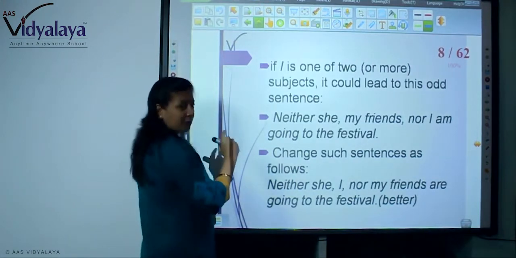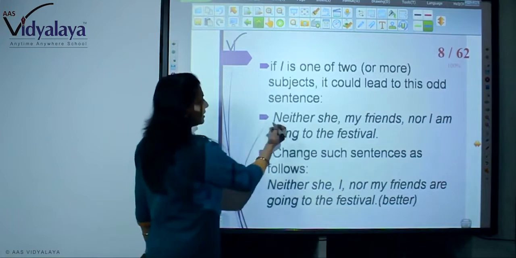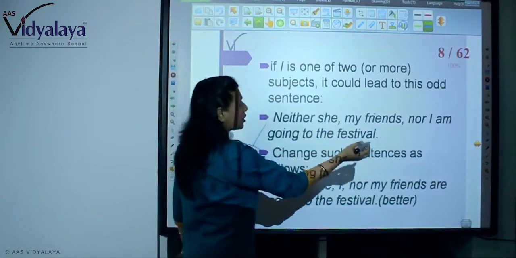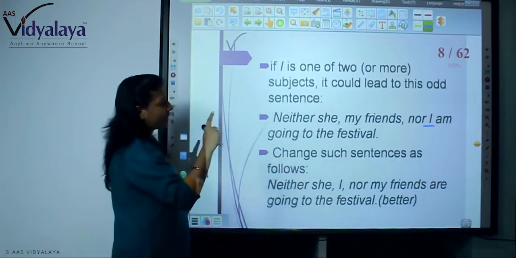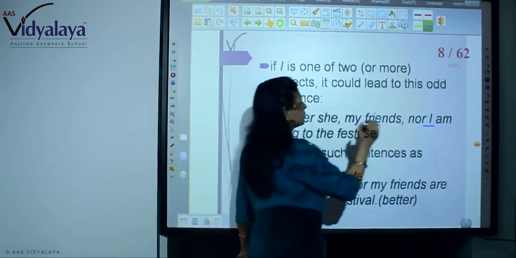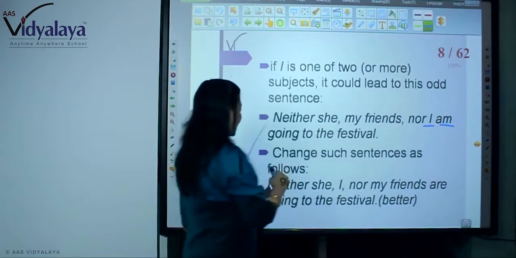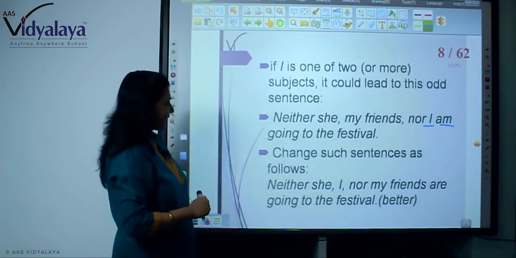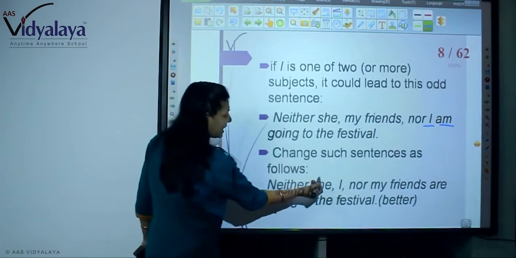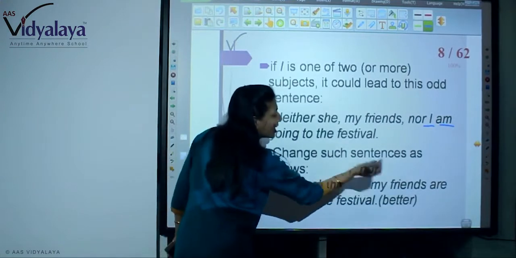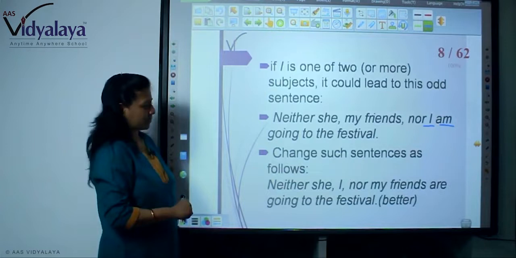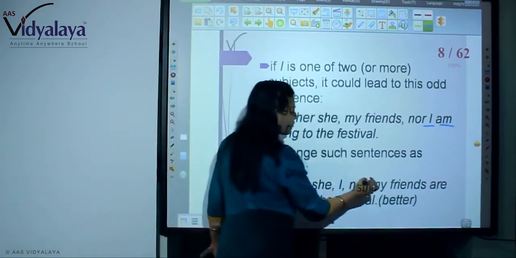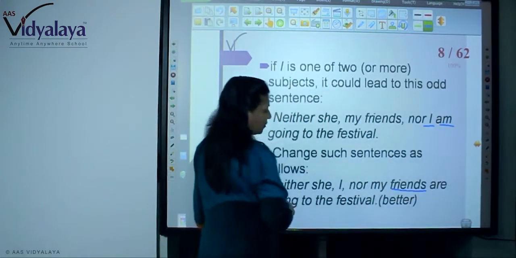So, if you write a sentence like neither she, my friends, nor I, then your verb will be am, as you know, according to the rules. But if you change the sentence like neither she, I, nor my friends, then are going to the festival. Because here friends are there, right?